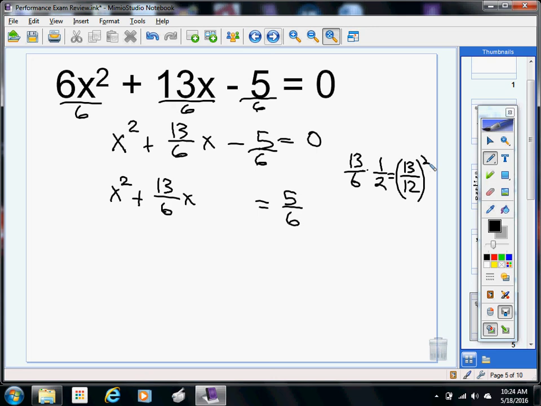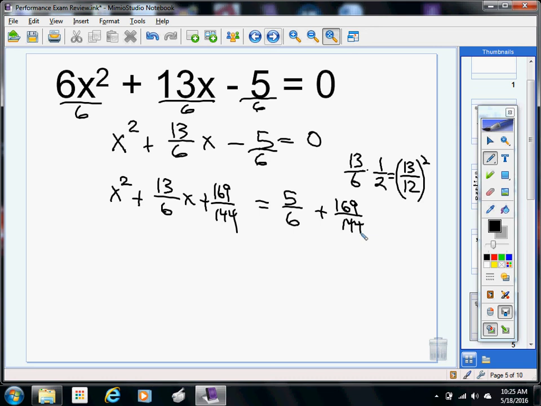Can anybody tell me right now, looking at this fraction right here, what 13/12 squared is? Anybody? 13/12 squared? 169/144. Good. So if I add 169/144 to this side, I have to add 169/144 to that side.